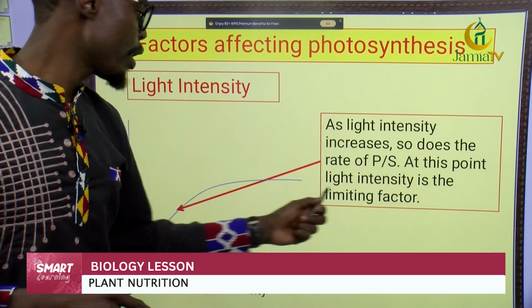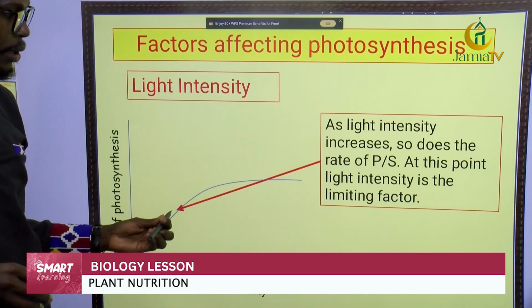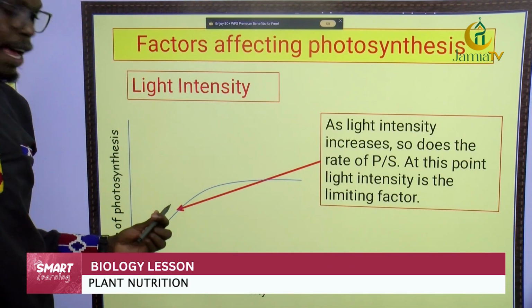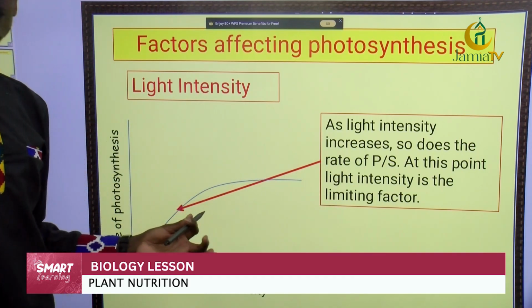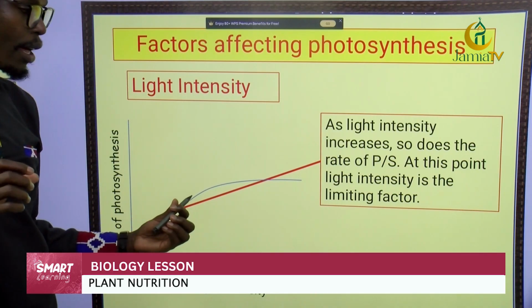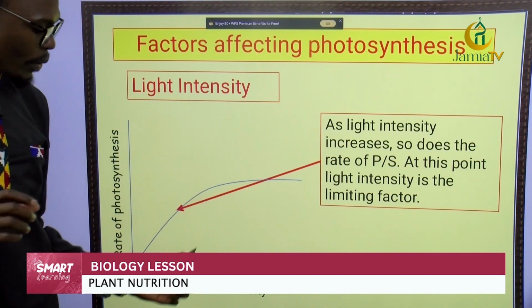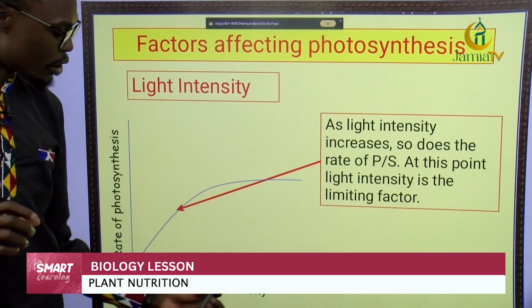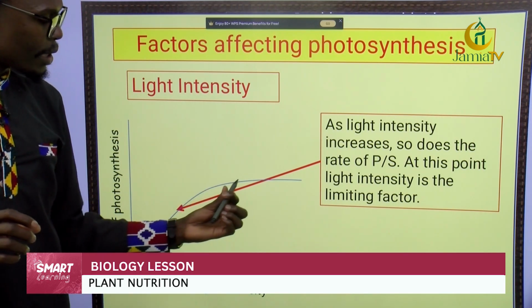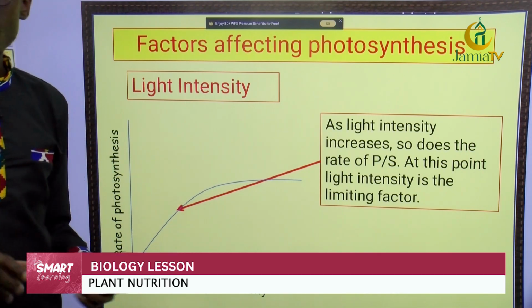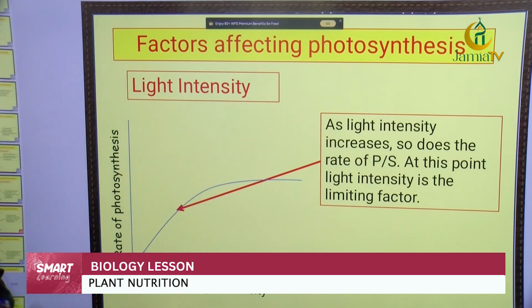At this point, the light intensity is at a moderate amount. We say it is the limiting factor, or the required factor. If you continue increasing the light intensity, you will see the graph levels off. Why does it level off?